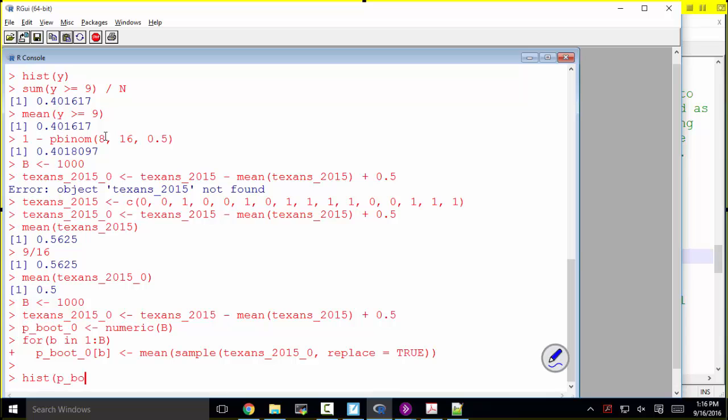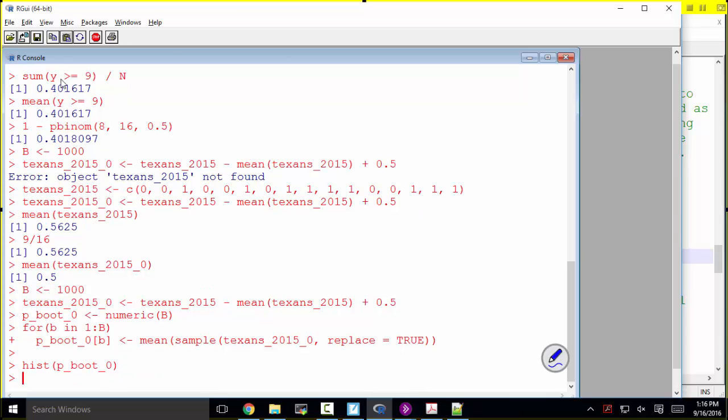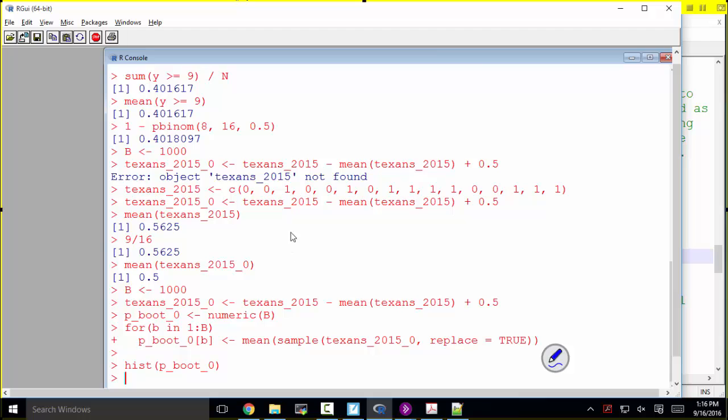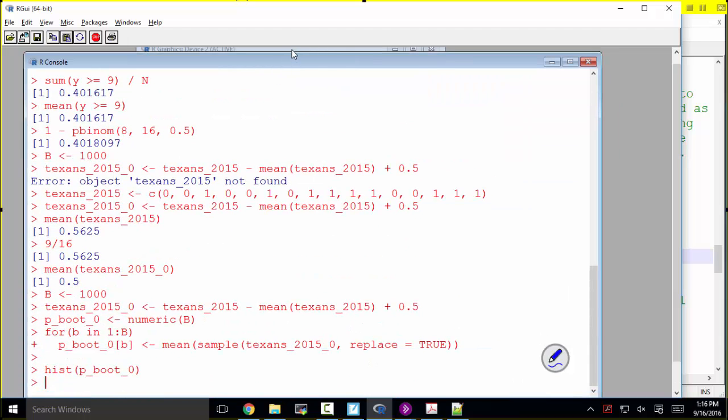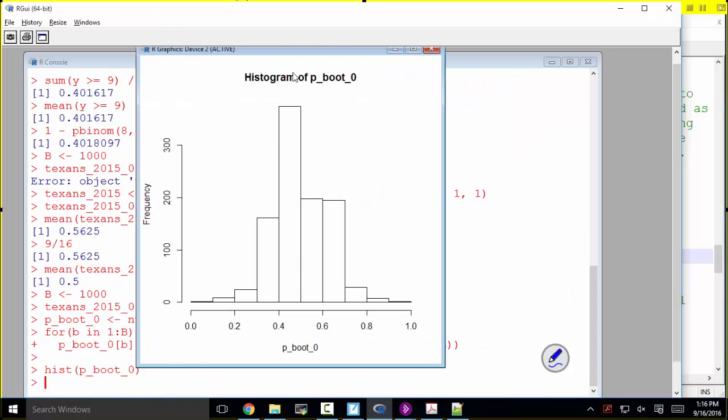Now we have 1,000 versions of our p hats. And these were computed under the null.